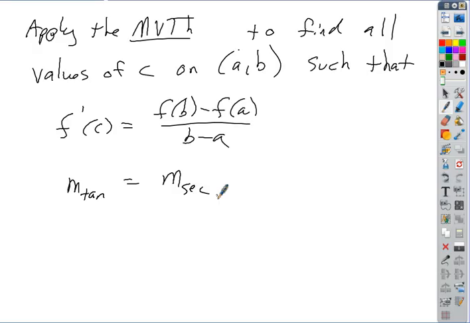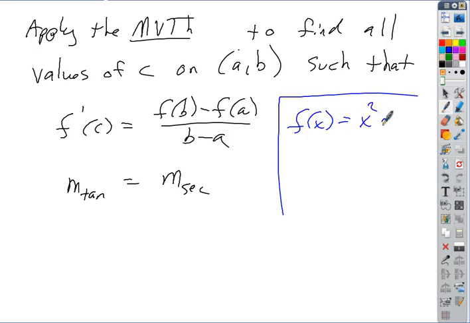Okay, so here's the problem I'm going to give you. Let's start easy. Let's say f of x equals x squared on the interval from -2 to 1.